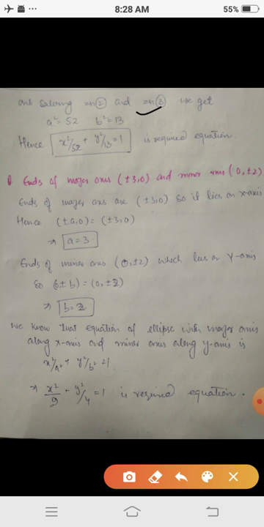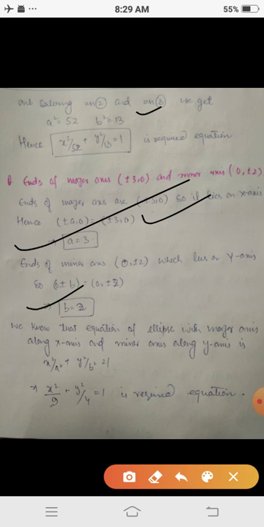Hence the coordinates of the endpoints of this major axis, or simply the vertices, are plus minus a, 0 equals plus minus 3, 0, which implies that a equals 3. The ends of the minor axis, 0, plus minus 2, lie on the y-axis, which implies that b equals 2.